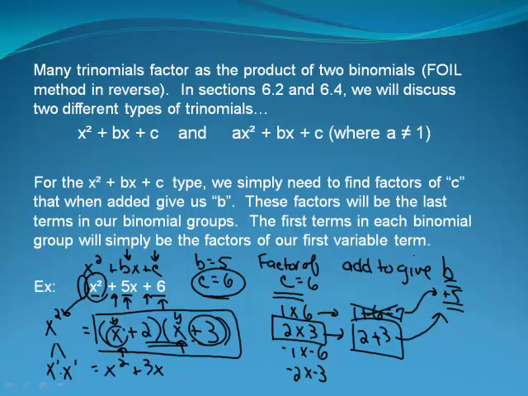Inner product is positive 2 times x, or plus 2x. And last: positive 2 times positive 3 is positive 6. Combine like terms, and you get x squared plus 5x plus 6. This is a check, so is this the same as our original problem? The answer is yes. It checks, looks good. Our factoring is correct.